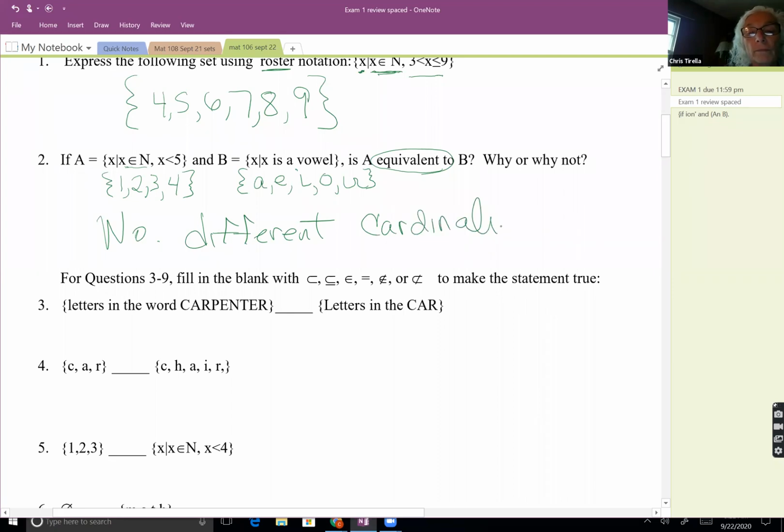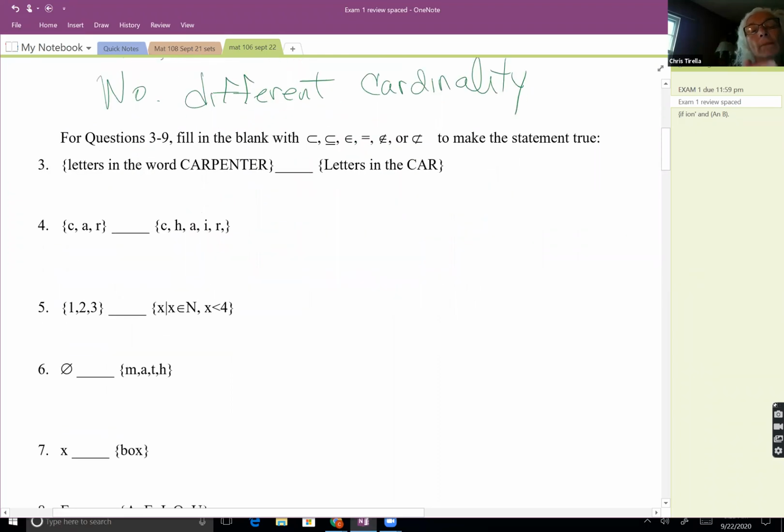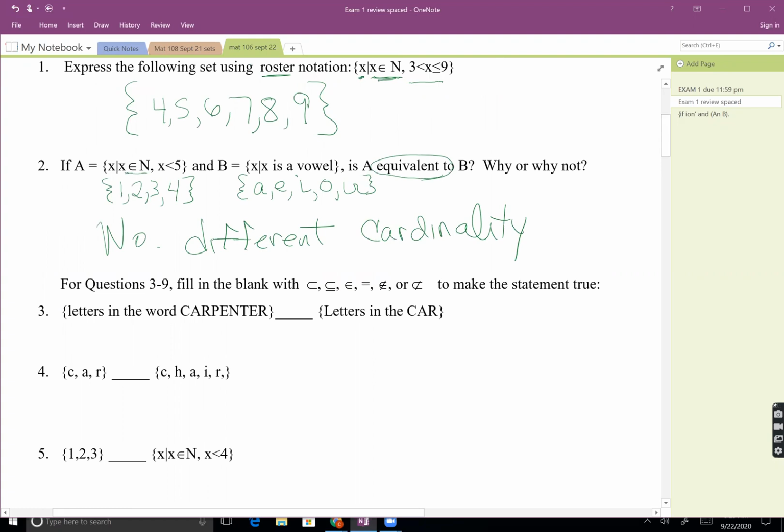Now the next group of questions. Do we have to write different cardinality? On the multiple choice questions in my labs, I can't remember if it's strictly a yes, no question, or if it's a yes, no, and they have explanations and you have to pick the right explanation.